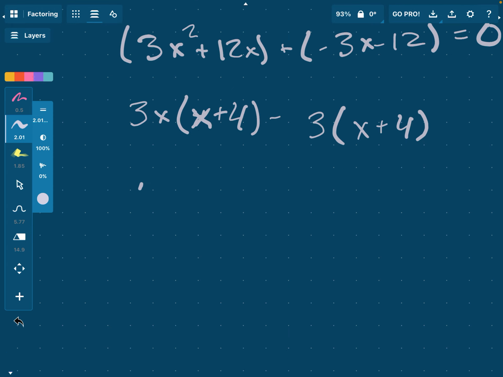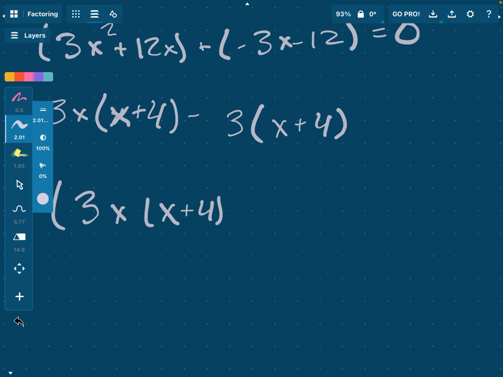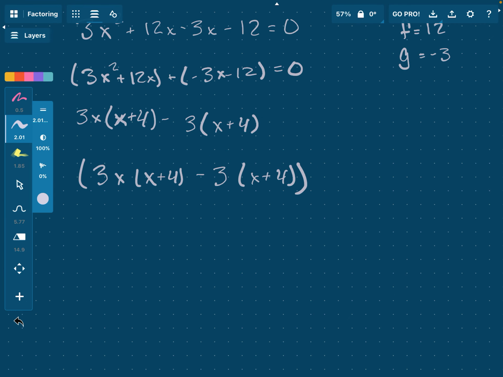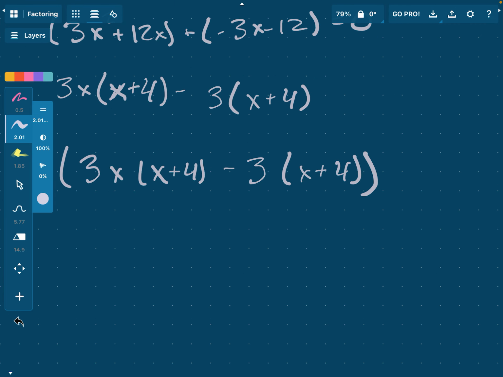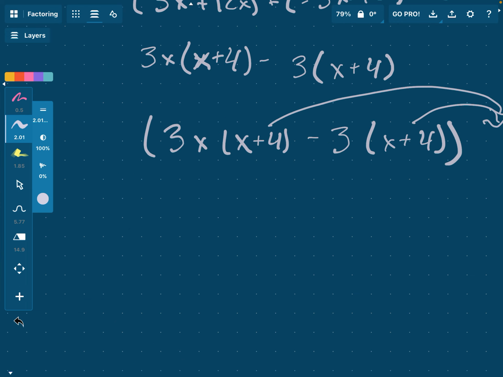So we're going to take 3x times x plus 4 minus 3 times x plus 4, and we're just going to make these a common term that they're being multiplied to by factoring both of these out. So we end up with x plus 4 times 3x minus 3. So that's just a factoring trick.